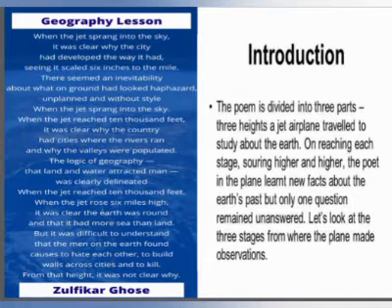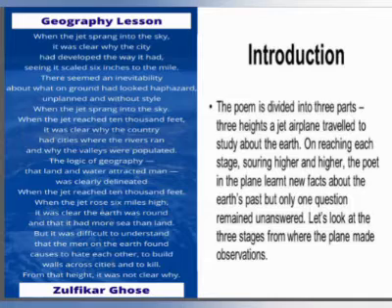On reaching each stage, soaring higher and higher, that is moving higher and higher, the poet in the plane learned new facts, that is information about the earth's past. But only one question remained unanswered. He was totally confused. Now let's look at the 3 stages from where the plane made observations. So we'll go through the 3 stanzas and their explanation.